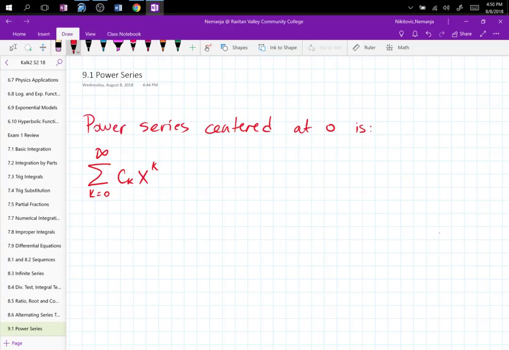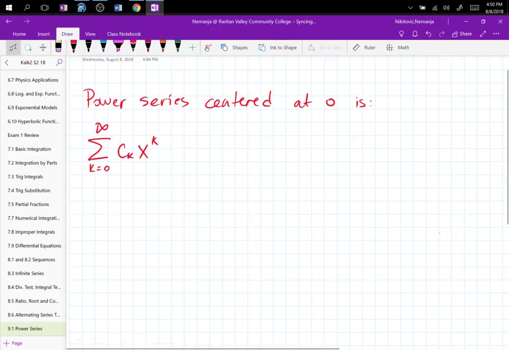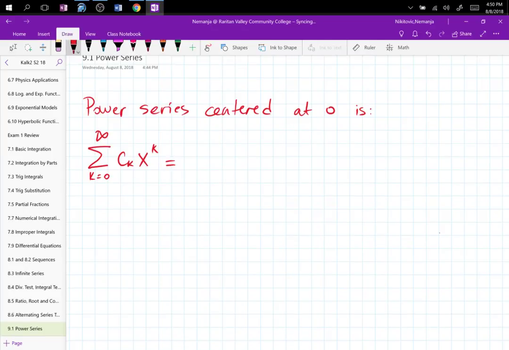Now if you go and work out the terms for this sum, the first time around k is equal to 0. So you have c subscript 0, because k is 0. And then you have x to the 0. Well, x to the 0 is 1, so we don't have to write that. Plus, the next term is c1 times x to the first power, plus c2 x to the second power, that's x squared, c3 x cubed, plus c4 x to the 4, plus dot, dot, dot, going to infinity.